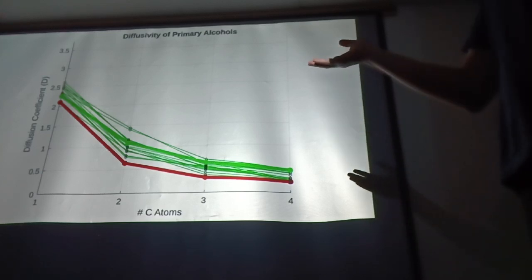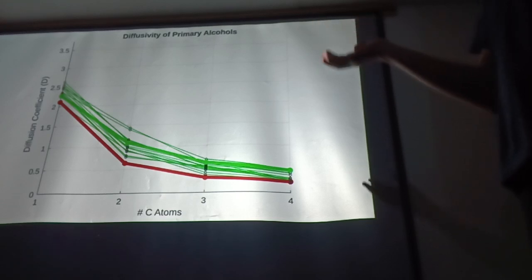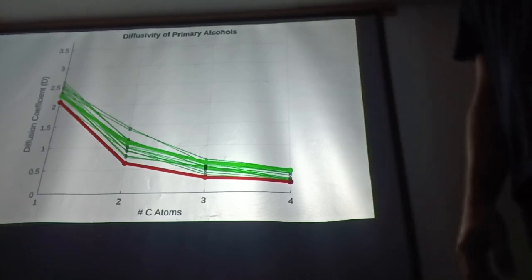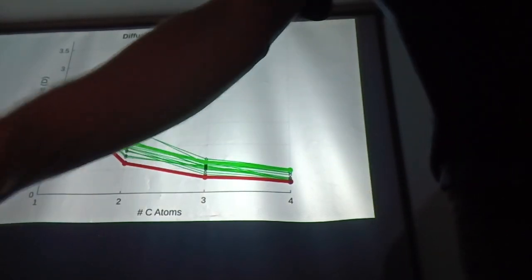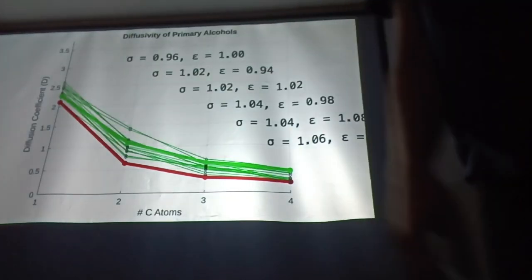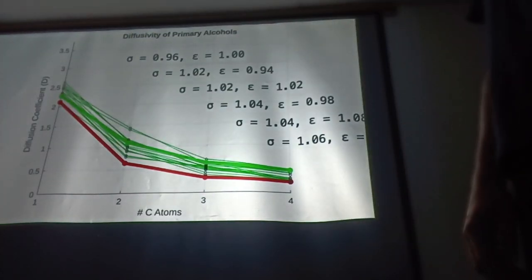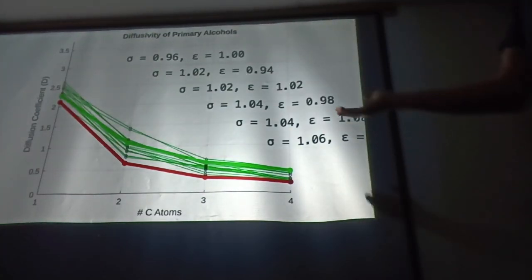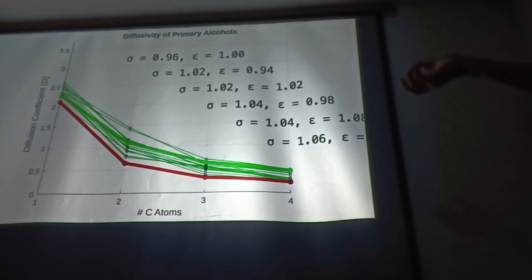So each one of these systems apparently produces more accurate diffusions than the original GAF model. And these are some of the sigma and epsilon scaling values that result in these lines. You can kind of see that sigma prefers to be scaled larger, while epsilon kind of goes up and down.